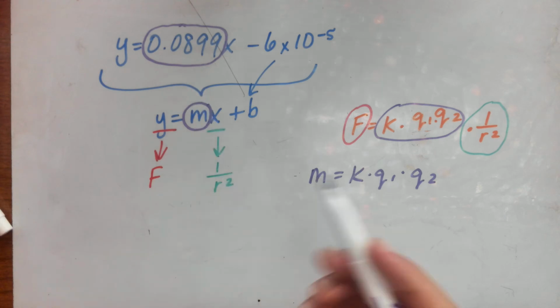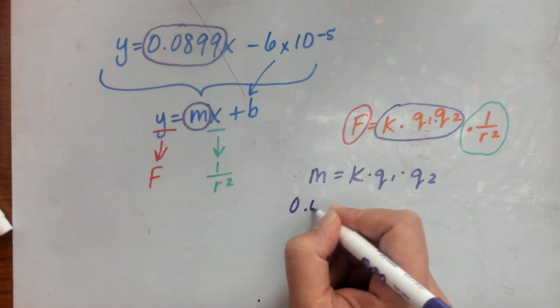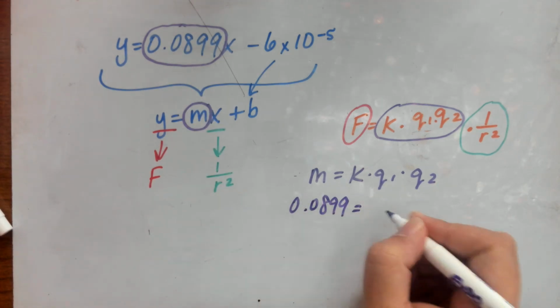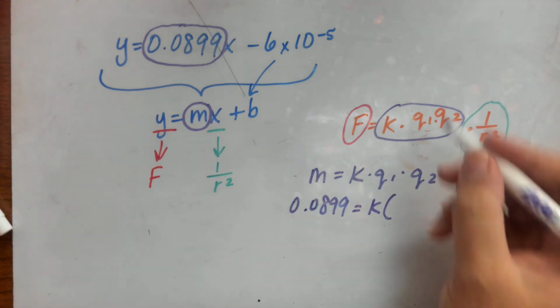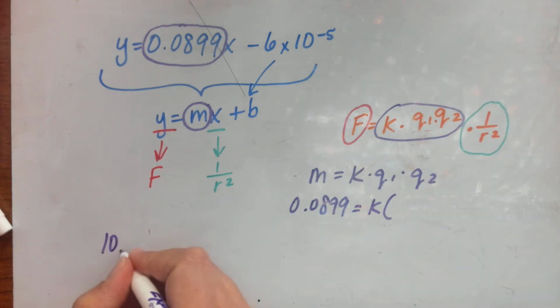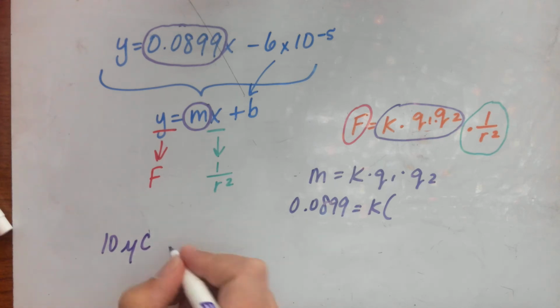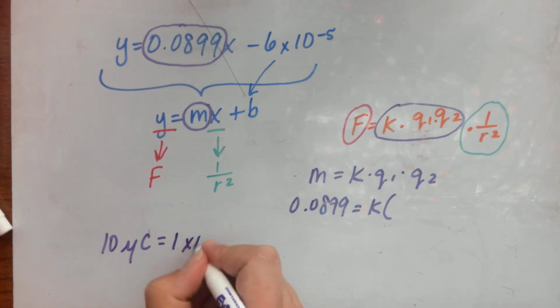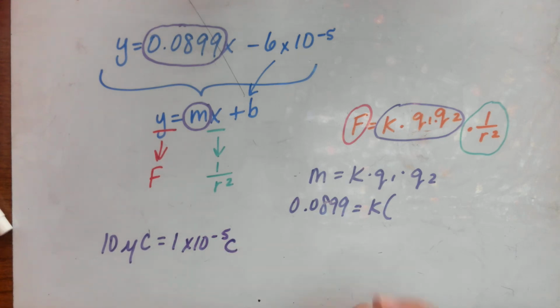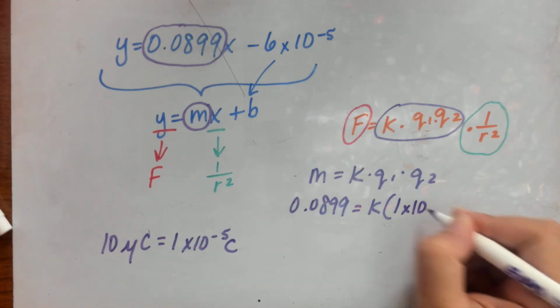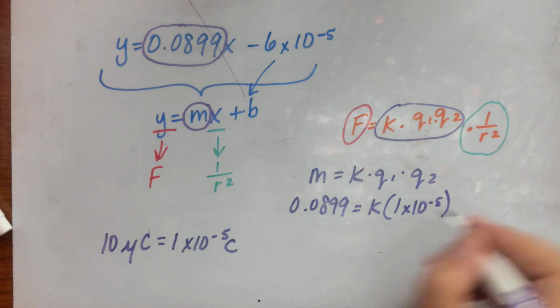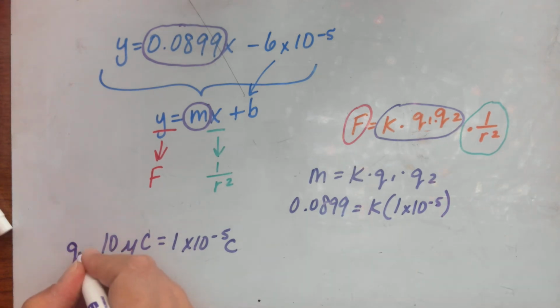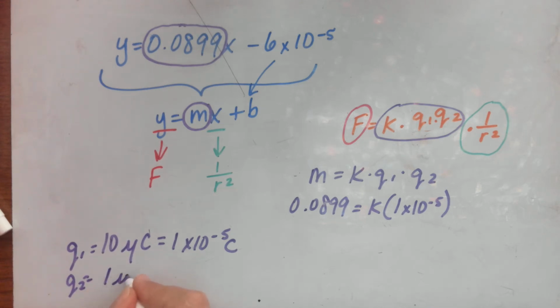So we calculated our slope with our graph: 0.0899 equals K times Q1 times Q2. Now Q1 was 10 microcoulombs, which is equivalent to 1 times 10 to the negative fifth coulombs. And Q2 is equal to 1 microcoulomb, which is 1 times 10 to the negative 6 coulombs.